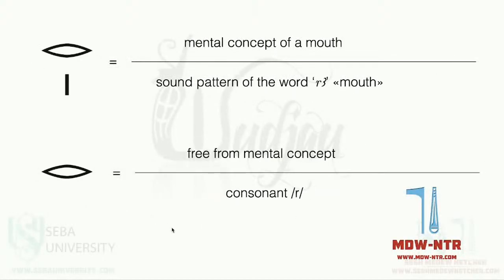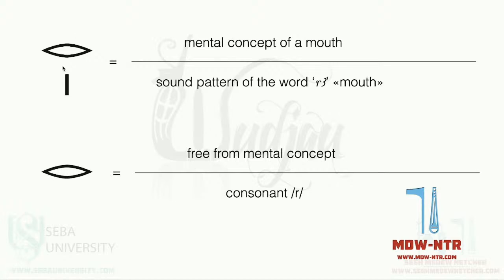This is Gardner code D21. For those of you who are familiar with Gardner codes, it is an open mouth. Okay, this glyph right here. It's an open mouth. That's what it's a picture of. Now, as an open mouth, in this form here with this logographic stroke, the meaning that's being conveyed is that of a mouth.